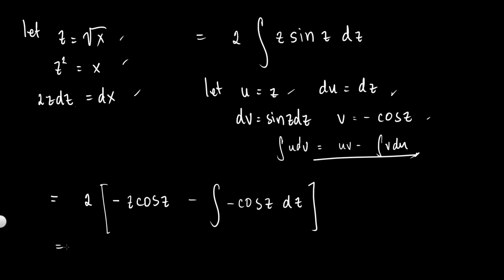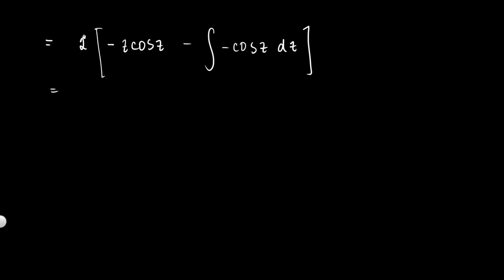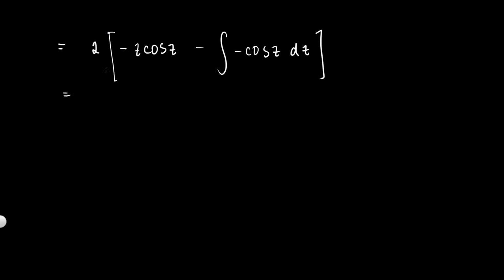So, this is equal to 2 times negative z cosine z, so negative 2z cosine z. And this one becomes plus, so we have plus 2. What is the integral of cosine? Sine, positive. So, we have sine z plus c.